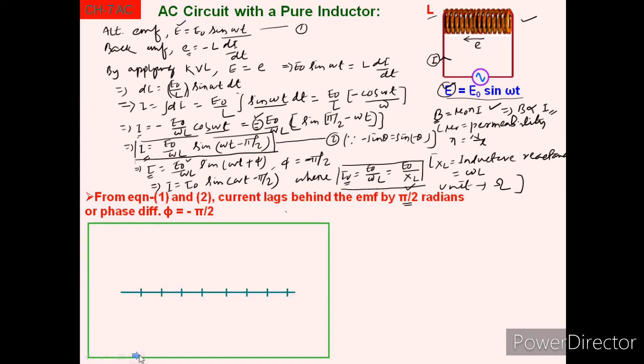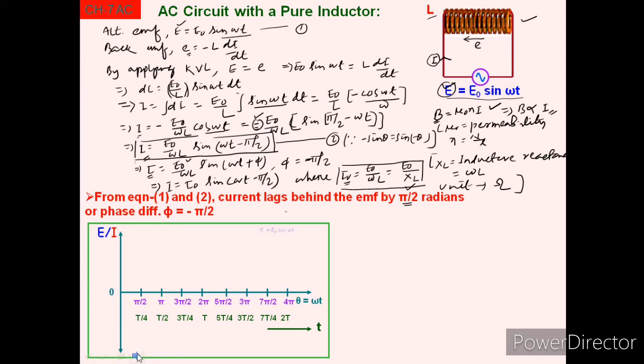For this, on the x-axis, let's take the phase angle 0, pi by 2, pi and so on, or we may represent time on the x-axis as T by 4, T by 2 and so on, where T is the time taken to complete one cycle of the AC. Then on the y-axis we will take the alternating EMF or alternating current.